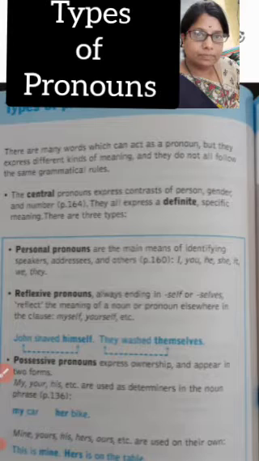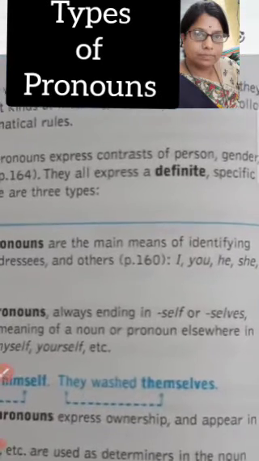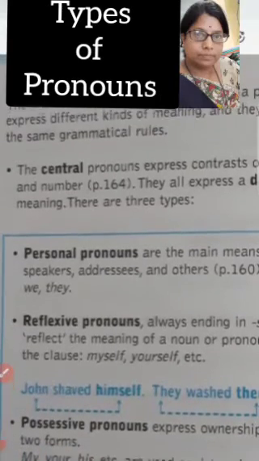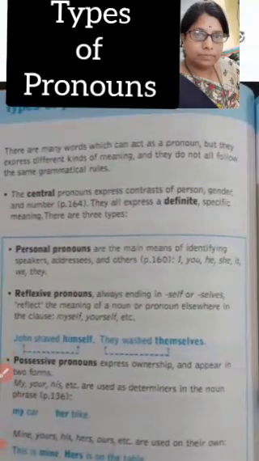Actually, there are many words which can act as a pronoun, but they express different kinds of meaning, and they do not all follow the same grammatical rules. So here we will see the types of the central pronouns, the major pronouns.